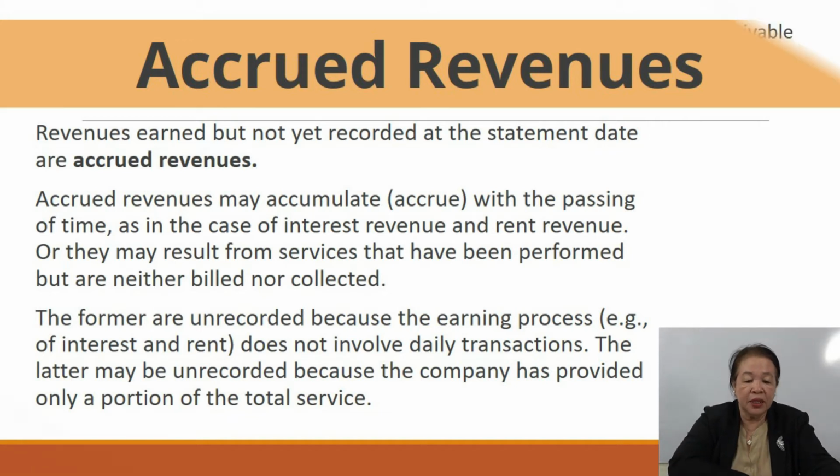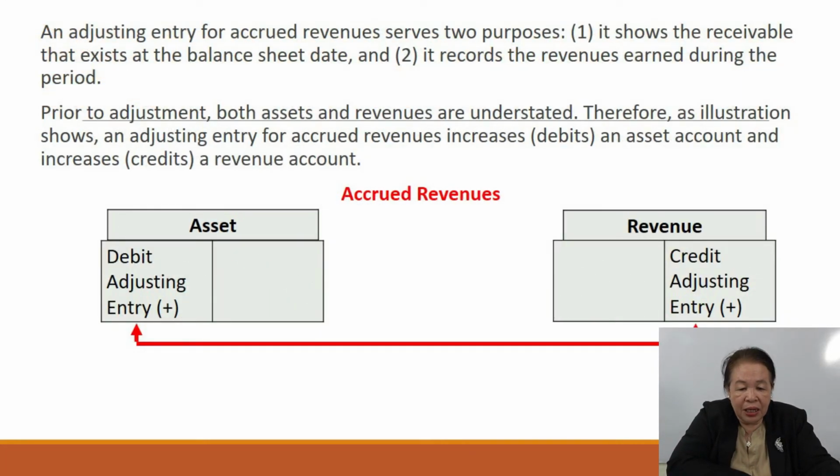Okay. So, ano itong mga adjusting entry for this? No, for the accrued expenses. Dito sa asset, ano ba yung rule natin sa accounting? Di ba yung asset equals liability plus equity, no? Asset, pag nag-debit ka ng adjusting entries, dagdagan mo siya. Ang revenue naman, pag nag-credit ka ng adjusting entries, ito yung dagdag naman siya, no?